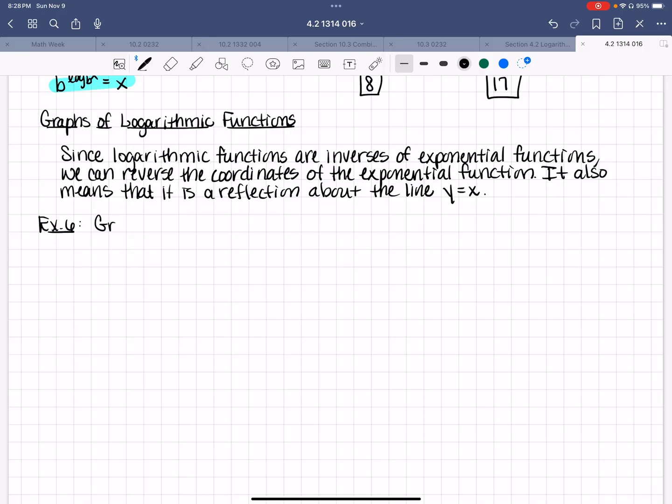Graph f of x equals 3 to the x and g of x equals log base 3 of x in the same rectangular coordinate system.